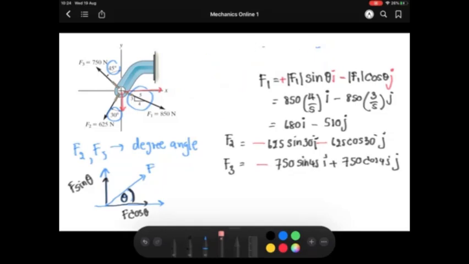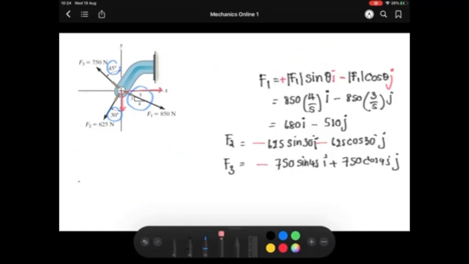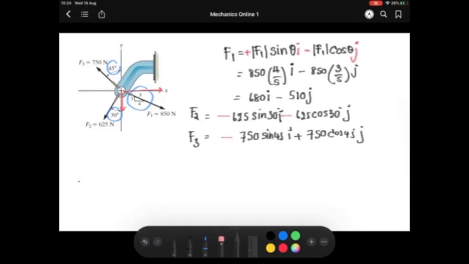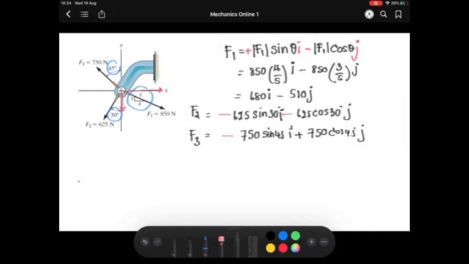I need more space, so I will delete all of these. After we got all of the components in terms of x and y for each force, we should continue to combine them together.